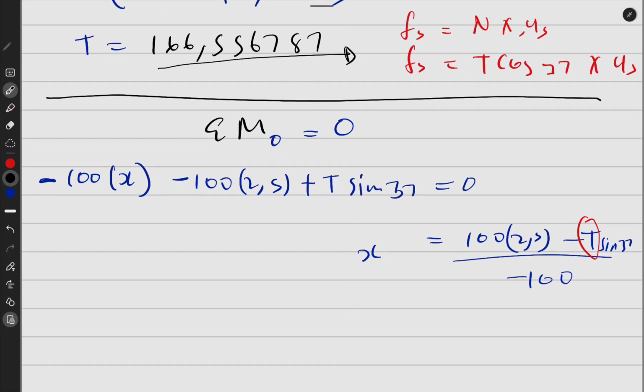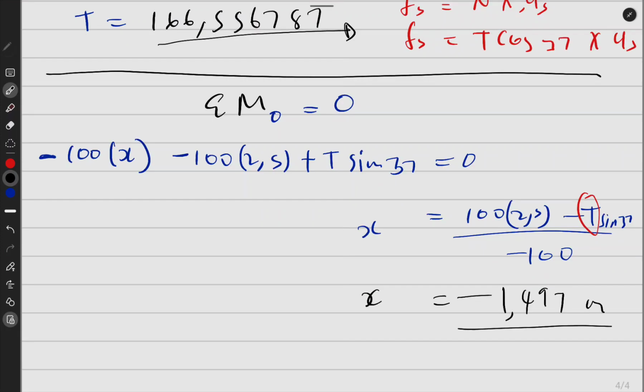And I have tension now. I come back here, I already have an answer, I was just missing tension, right? Let me plug this tension number here and punch it in the calculator. I hope that I get the correct answer again. And this is my answer from the calculator.